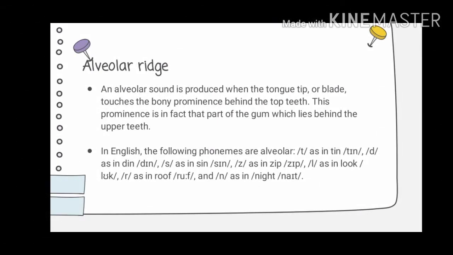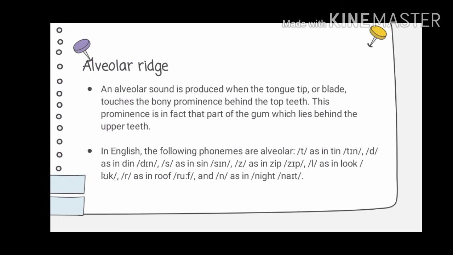Okay, next about alveolar ridge. An alveolar sound is produced when the tongue tip or blade touches the bony prominence behind the top teeth. This prominence is in fact the part of the gum which lies behind the upper teeth.